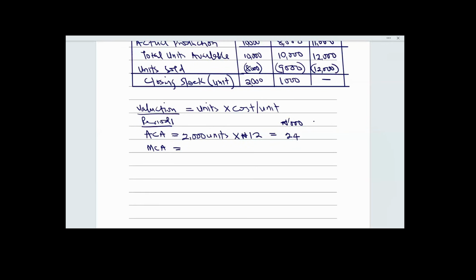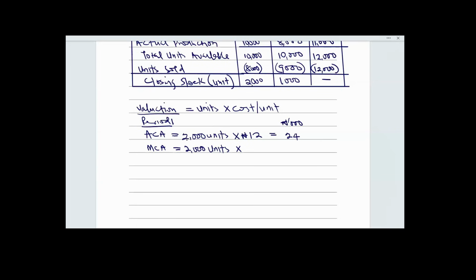Under the MCA is the same 2,000 units, multiplied by, when you are using marginal costing approach, stocks are valued at total variable cost per unit.